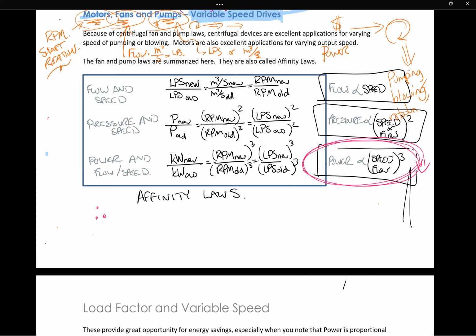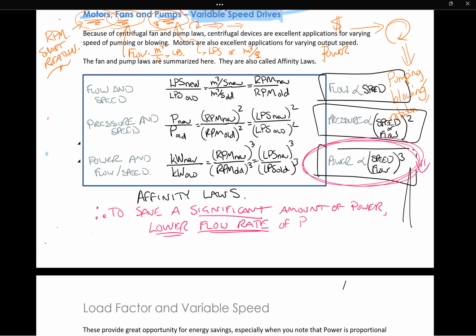So the overall conclusion from an energy management perspective is to lower the flow rate of pumps or decrease the RPM of motors, if you can.